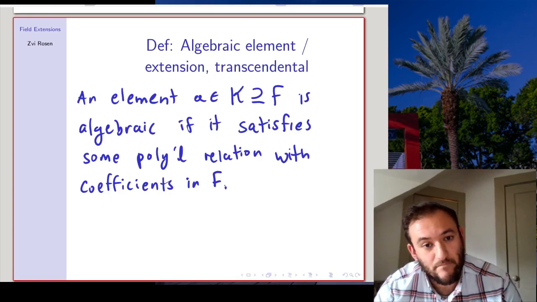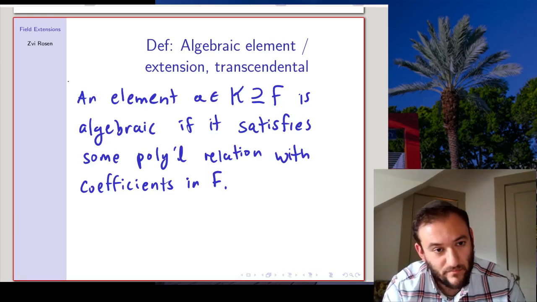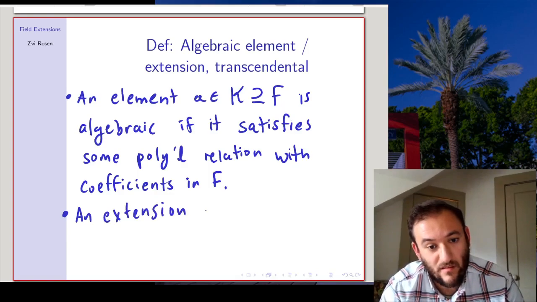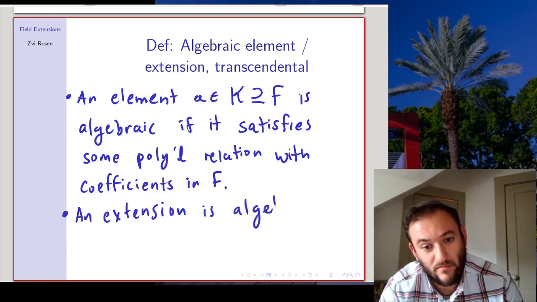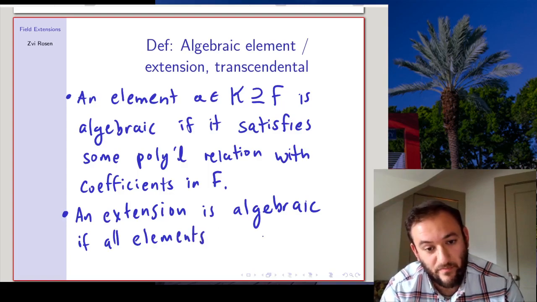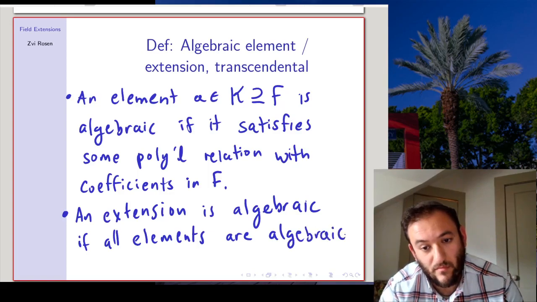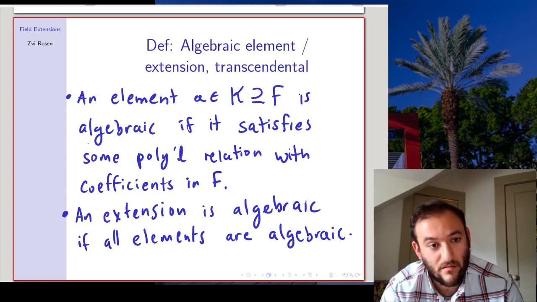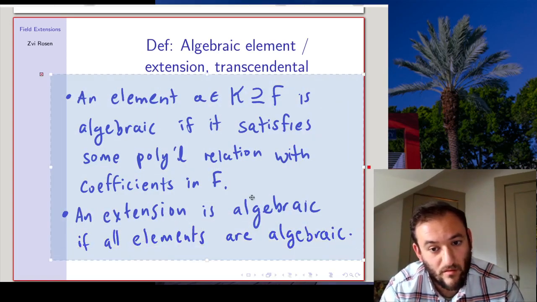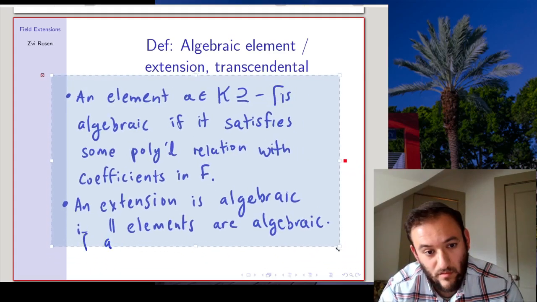Okay. So that's an algebraic element. An extension is algebraic if all elements are algebraic. And let's make ourselves a bit of room here.